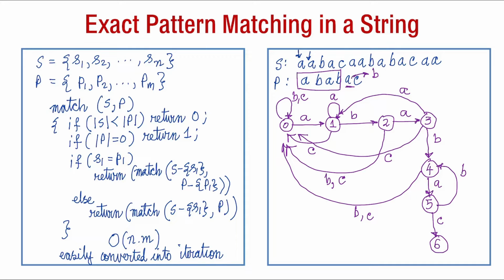So here if I get a B, it is equivalent to having a prefix AB, that is why I move to this state. On the other hand, if at this position instead of C, if I get an A, then I have to move to state 1.